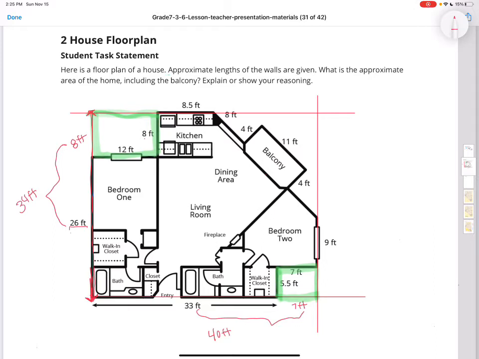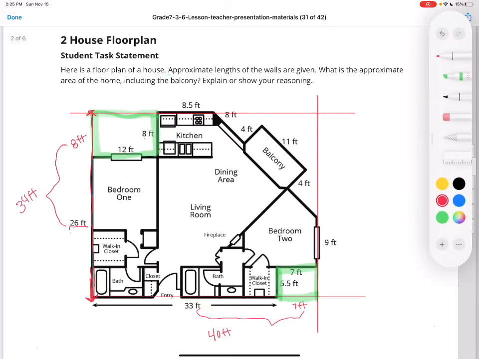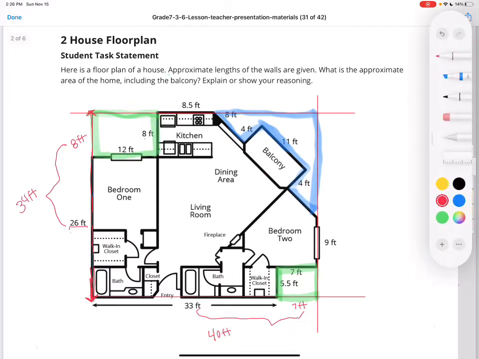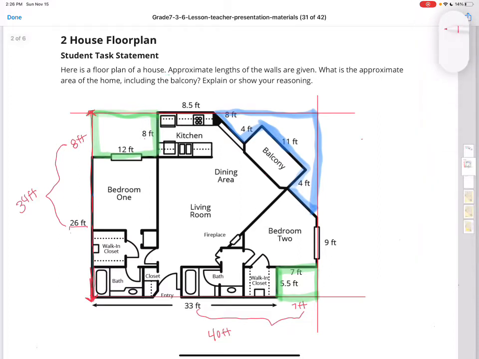Now you may be wondering, Miss Randolph, what are we going to do about these areas with these missing pieces, like right here and the two highlighted green rectangles? But just wait, I'm going to show you that next. The area of a rectangle, or parallelogram, would be length times width.